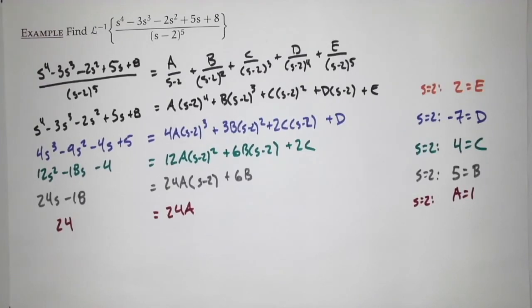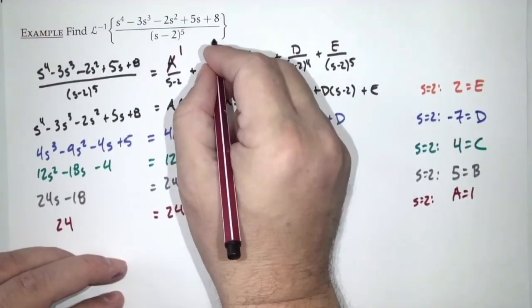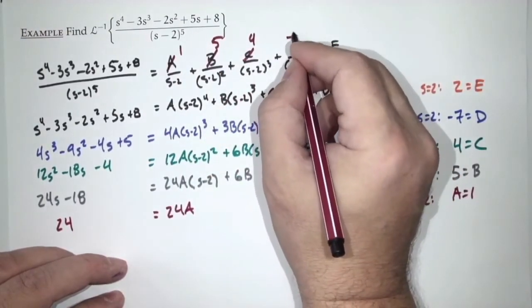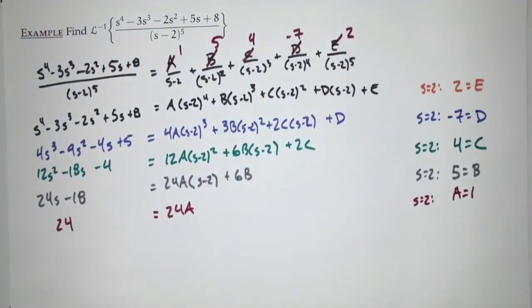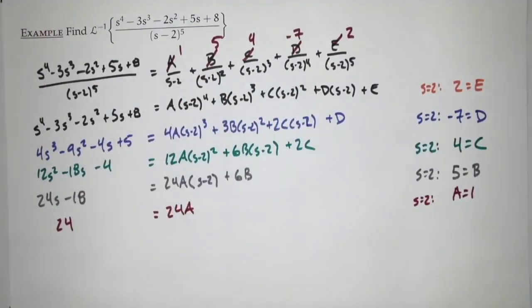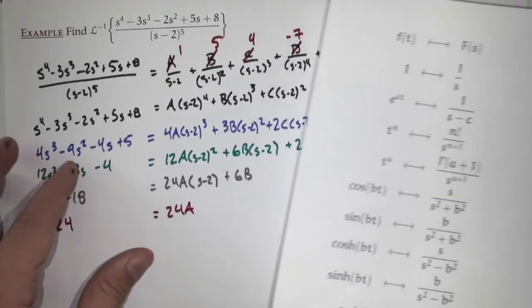Now we're not done. But what we can now do is replace all of these values by the appropriate things. So we have 1, 5, 4, minus 7, and 2. These look like s minus 2 to a power. Where does that fit in from our table?